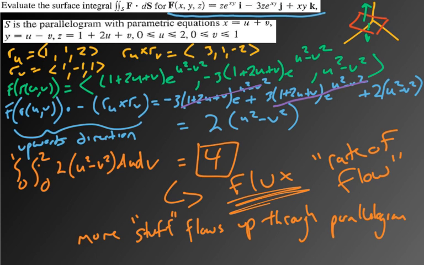Luckily, we're building up to a point where there's going to be a shortcut called the Divergence Theorem, and the Divergence Theorem is the last thing that we'll learn about in this whole course, and it's going to really help speed up computations of surface integrals.